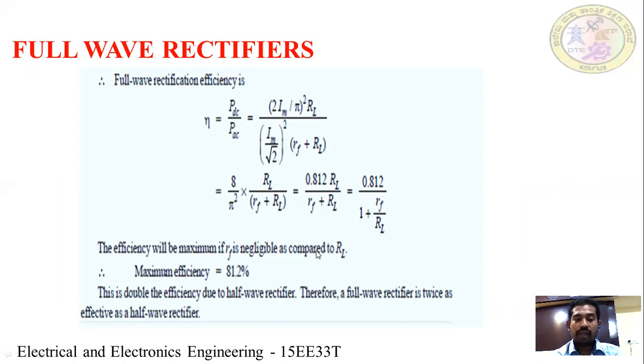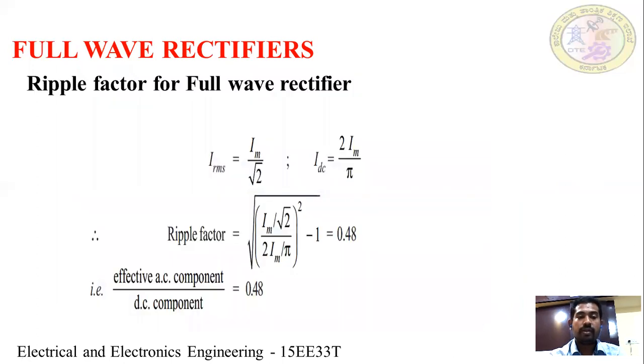If you substitute this, we are going to get maximum efficiency as 81.2%. In half wave rectifier, we are obtaining exactly half of this, that is 40.6%. Here in full wave rectifier, we get maximum efficiency of 81.2%.